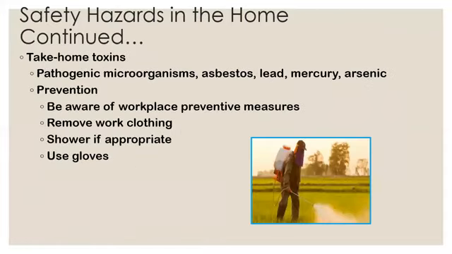Take-home toxins. These are hazardous substances transported from the workplace to the home. The National Institute for Occupational Safety and Health reports that agents such as asbestos, lead, mercury, arsenic, pesticides, and dozens of others also cause significant morbidity and mortality in workers' homes.